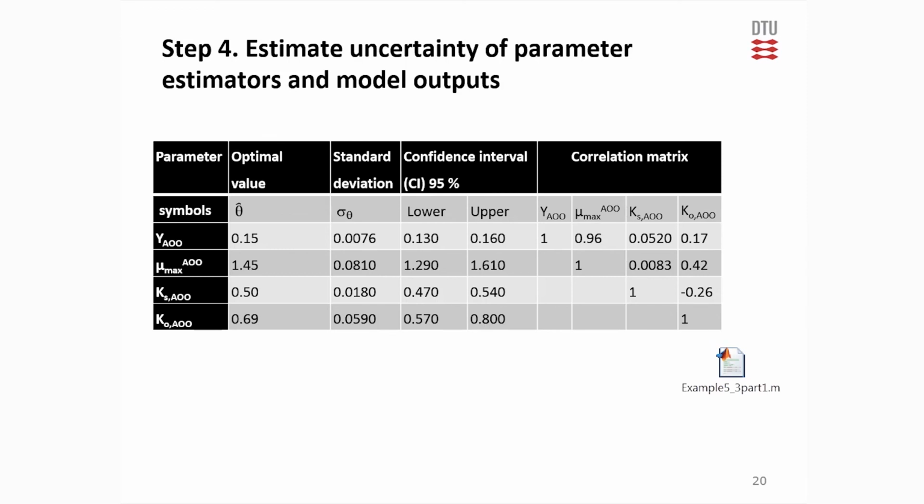This information was obtained from the covariance matrix for parameter estimators. These computations are implemented in the file example5_3 part1.m.